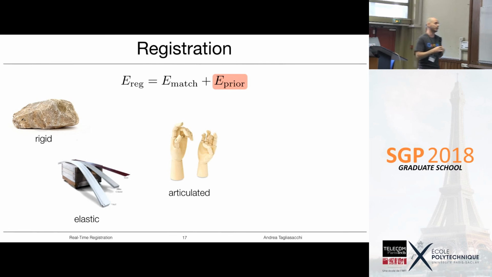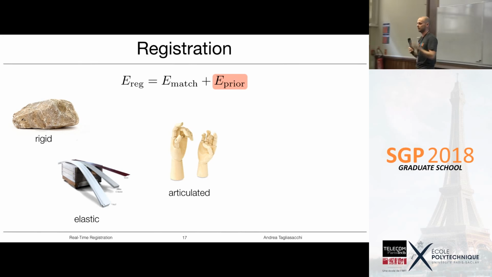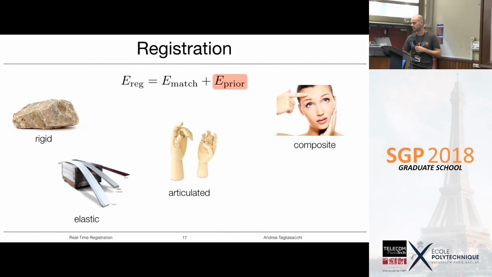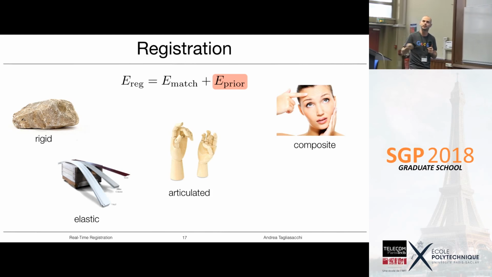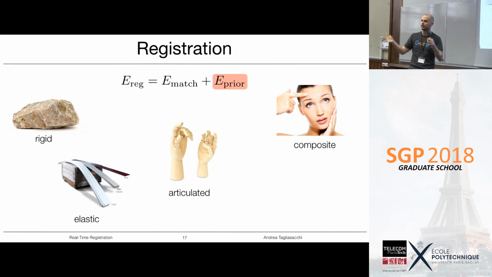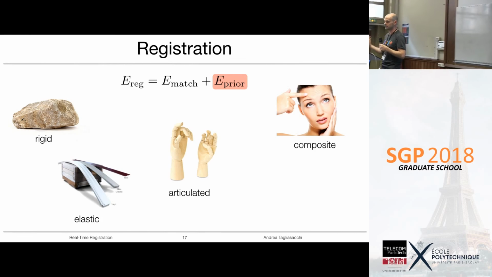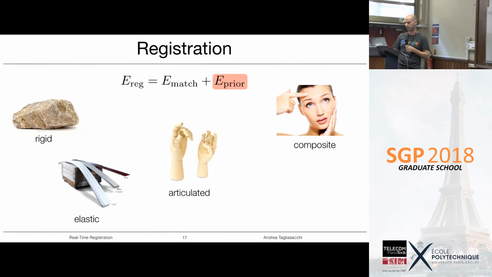If I have an articulation, I can specify that the object can be perturbed by a set of rigid transformations rather than being one, like in the rigid case. Or I can have a composite phenomenon where it's too complicated to parameterize the deformation, so I measure some data that contains the class of transformations that are acceptable. This is the case, for example, for face tracking or dense body tracking.